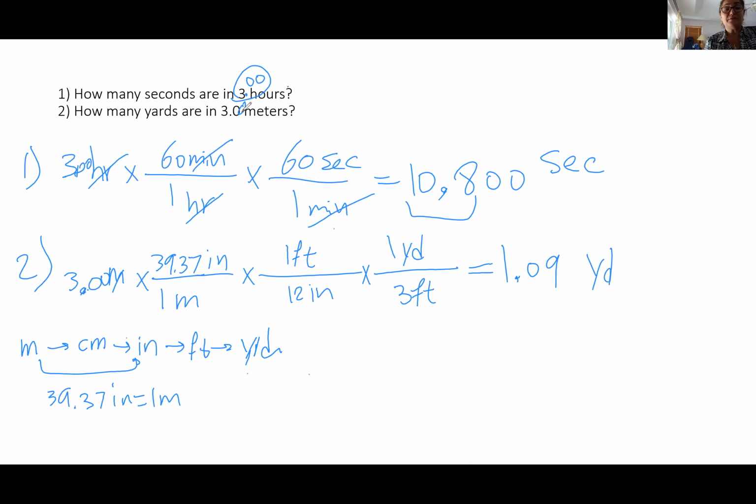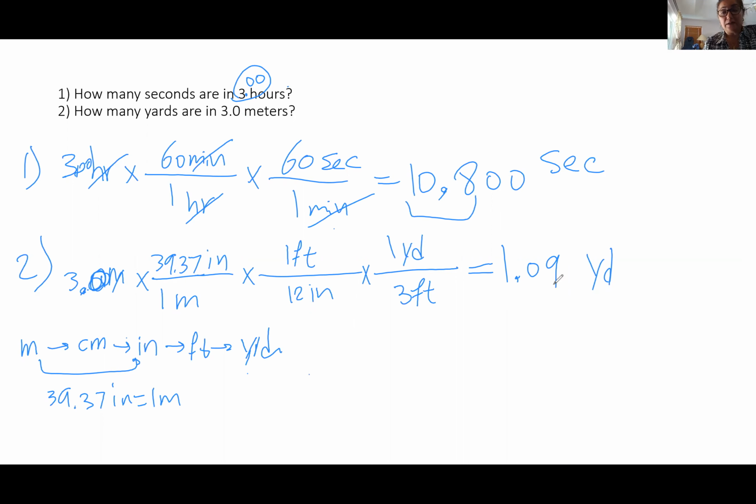If we insist to have two significant figures, then I have to change this to two significant figures. So we practice rounding here.